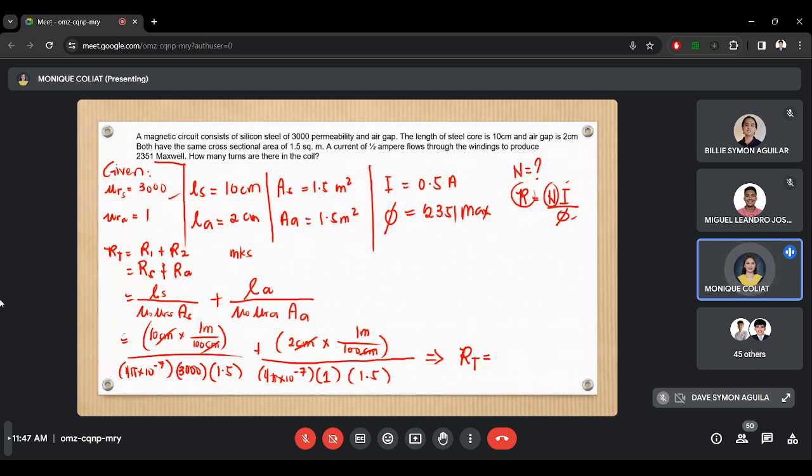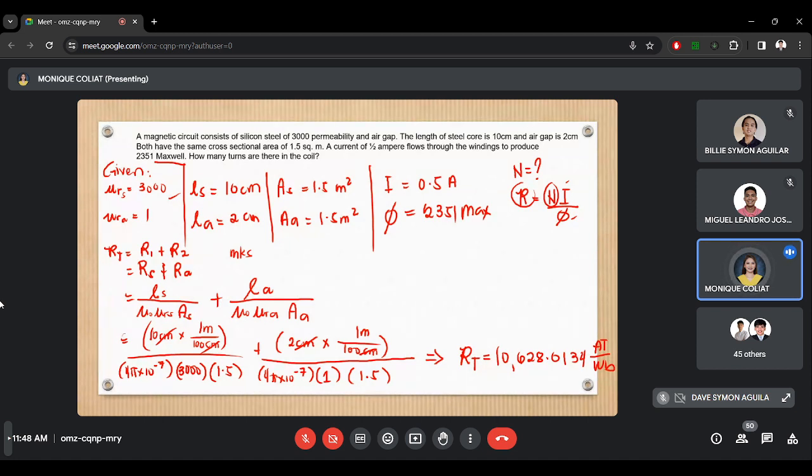Input it in the calculator: 10,628.0134 ampere turn per Weber. So that is our total reluctance.